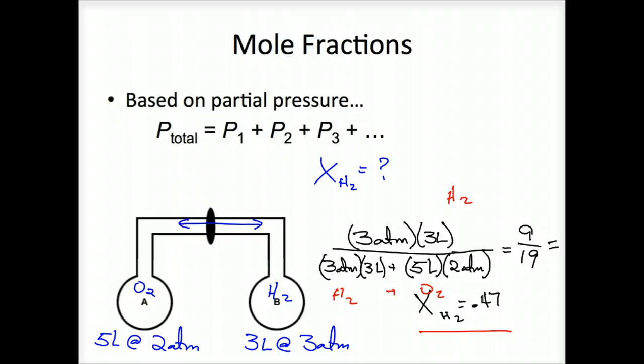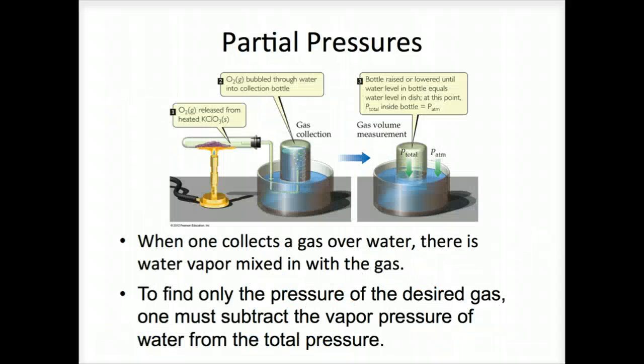Now, where this becomes important is when I collect a gas over water. That means that my dry gas is going to have a different pressure from the mixture of dry gas and water gas. Again, the importance here is anytime I collect over water, I have water vapor. And the interesting thing about the water vapor is the water vapor pressure is temperature dependent.